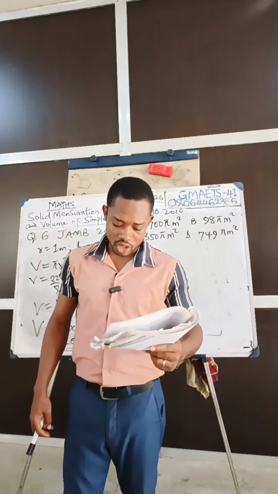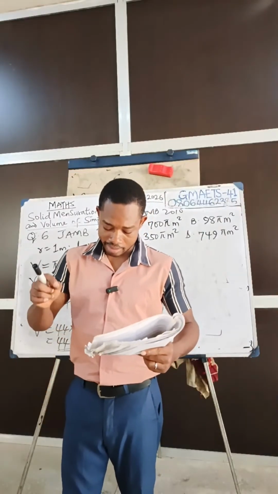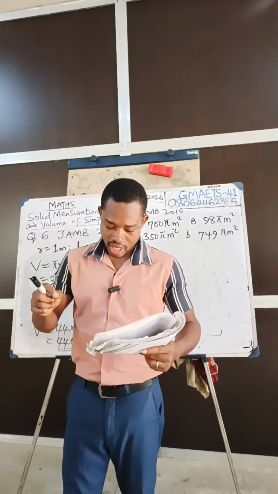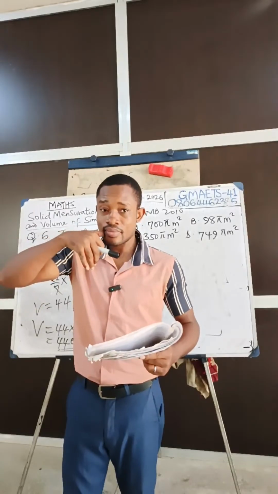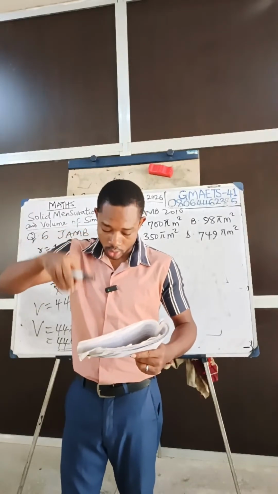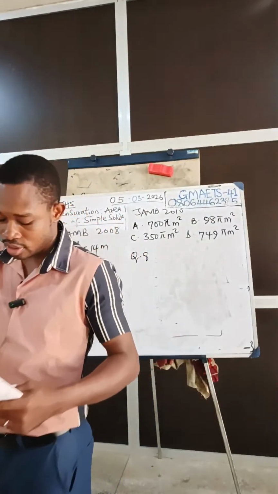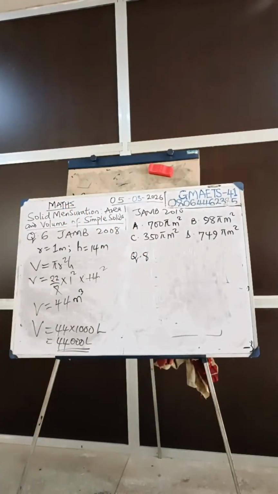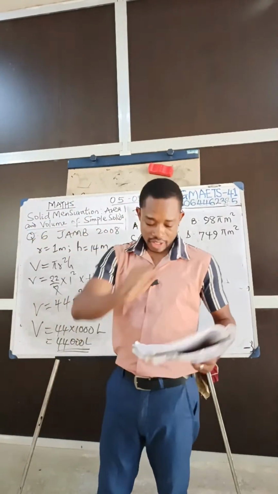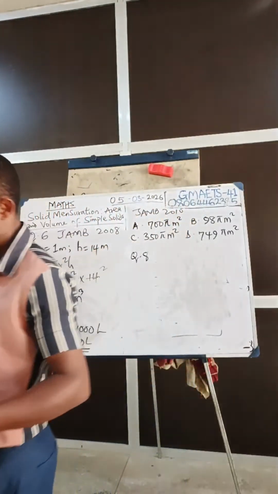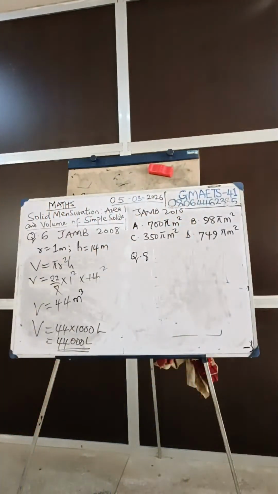A solid metal cube of side 3 cm is placed in a rectangular tank. Please follow up with the question. A solid metal cube of side 3 cm is placed in a rectangular tank of dimensions 3, 4 and 5 centimeter.